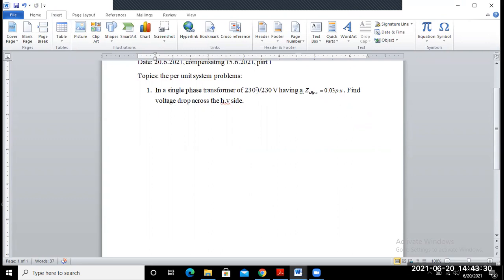The HV side voltage is 2300 volt. If you convert it to percentage, you will write it as 3%, or if you directly multiply 0.03 per unit into 2300 volt, it becomes 69 volt.